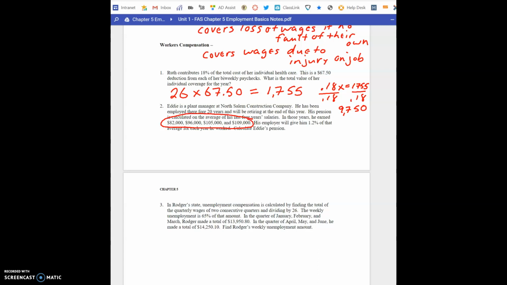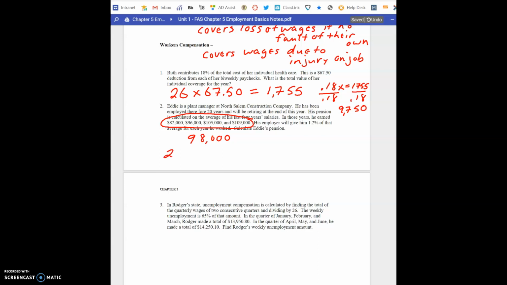Add them all up, and you're going to divide by the last 4 years. So there are 4 totals, 1, 2, 3, and 4. When you do that, you'll get an average of $98,000. His employer will give him 1.2% of each year he worked.